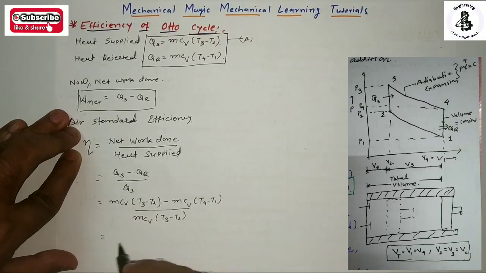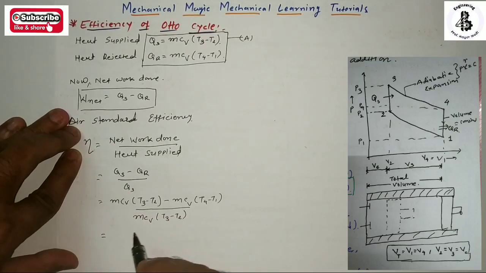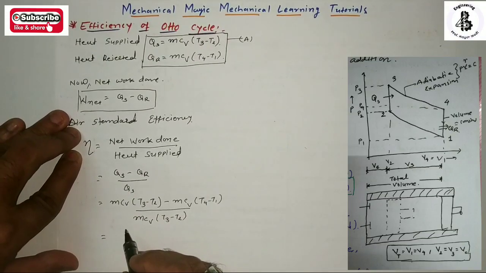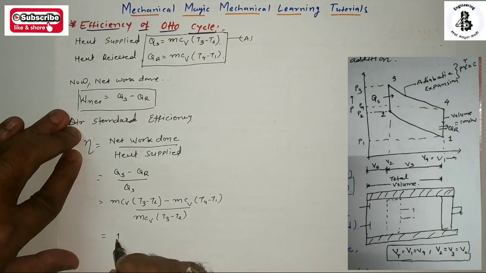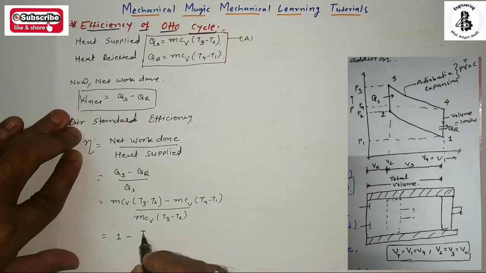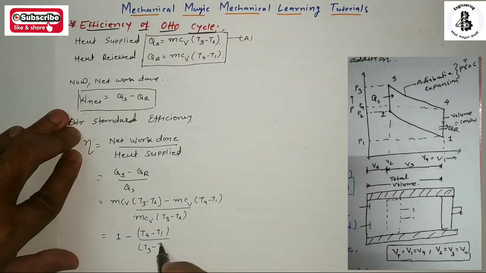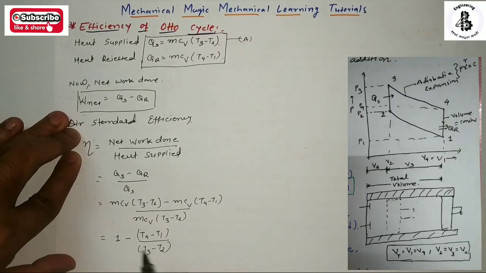From here, m Cv and T3 minus T2 are common and cancel. So efficiency is 1 minus (T4 minus T1) divided by (T3 minus T2).